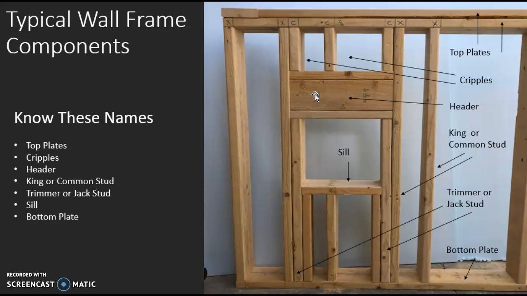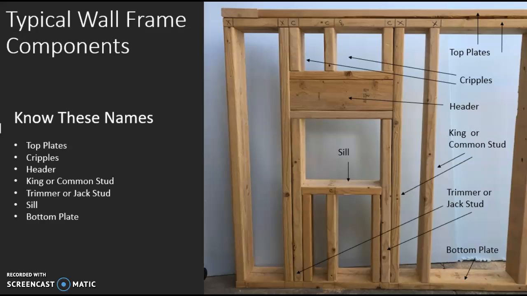It takes it and laterally distributes the weight onto our trimmer, and some of that weight does go into the king stud, but most all the weight goes right into the trimmers and then transfers all the way down into our foundation. So basically what this does is allow us to cut holes in our walls and create openings. Obviously, it's nice to have windows and doors and things like that in your house. So that is the basic function of the components that you're looking at right here.